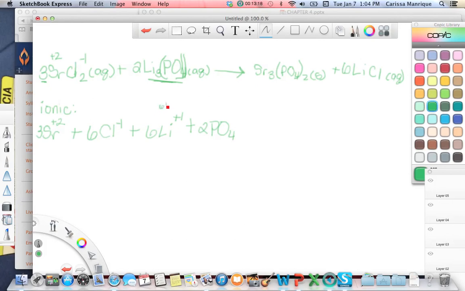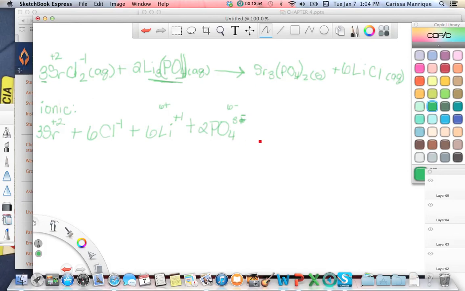And I have 2 here, so what multiplied by 2 equals 6? Because I need this to be a 6 minus when it's multiplied together. That would be a 3 minus, because 2 times 3 is 6. I have 6 plus 1 charges, so that's like having 6 plus charges. Here I have 2, 3 minus charges, which gives me a 6 minus.